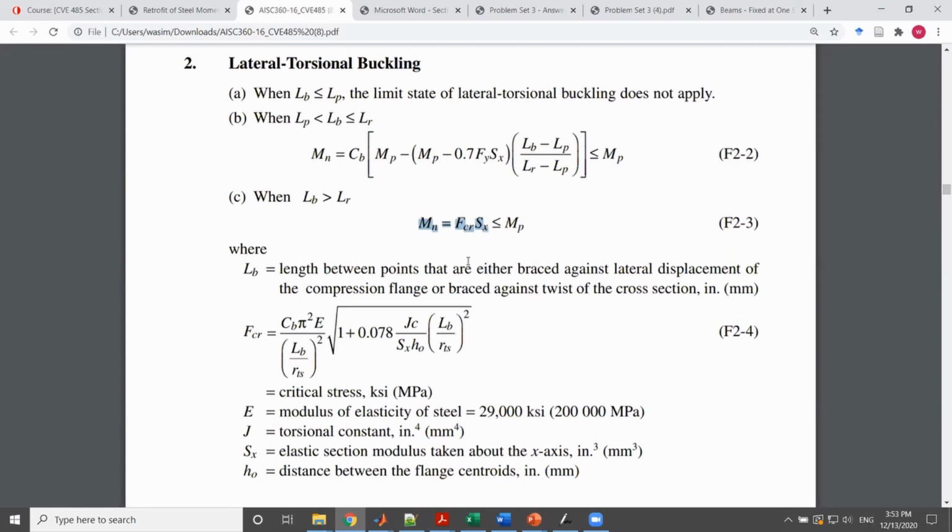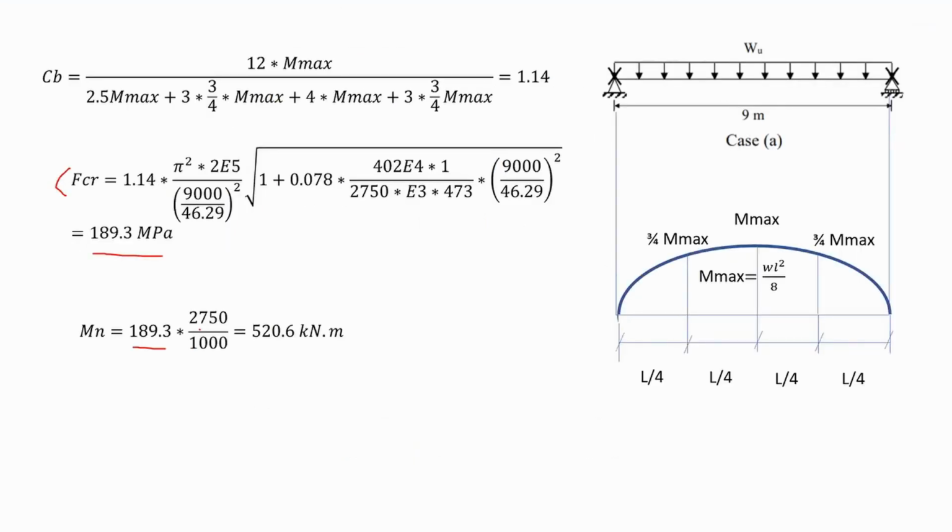Now notice something, there is a condition, it says it should be less than MP. So let's take a look. FCR by Sx. FCR 189 multiplied by the section modulus equal to 520.6. Now, if you compare it with MP, you can calculate MP for this section.